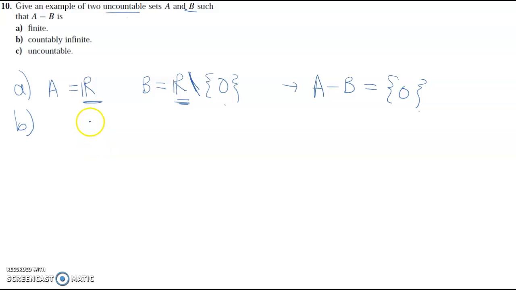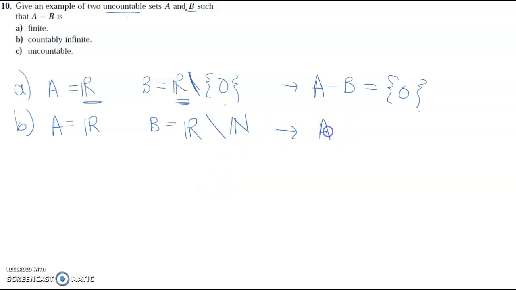Let's go over B, countably infinite. So I'm going to continue to assign A as the real numbers, and B, I can assign as all real numbers, but I'll use this trick again, excluding the natural numbers.